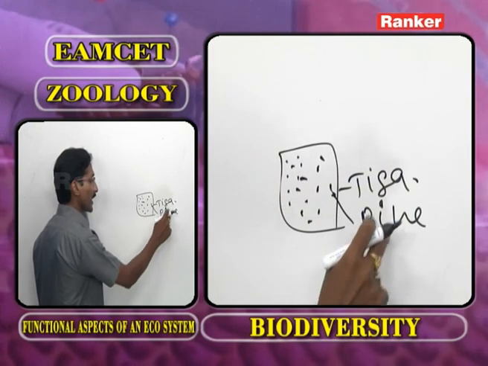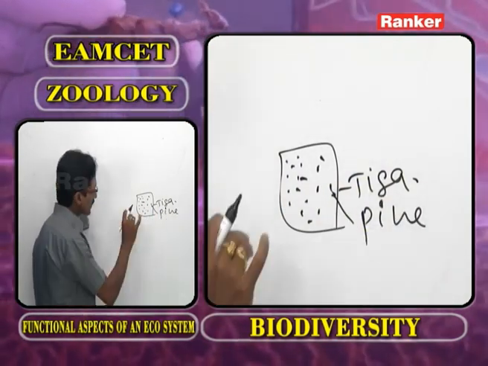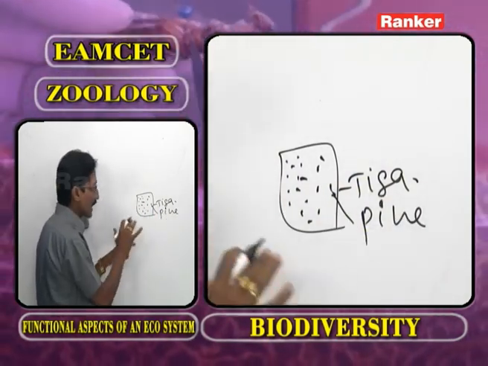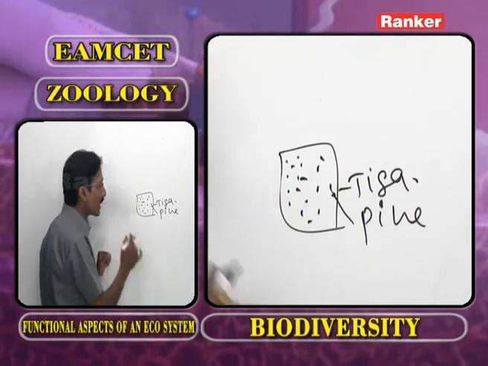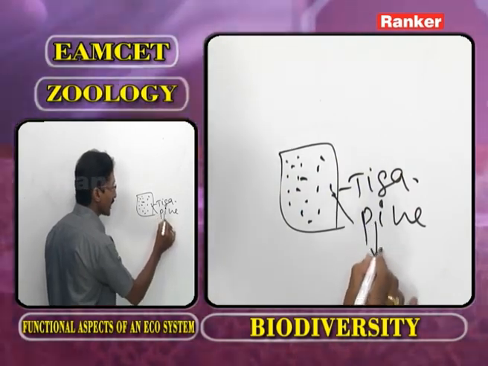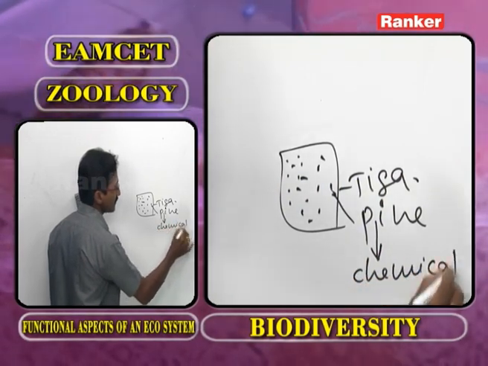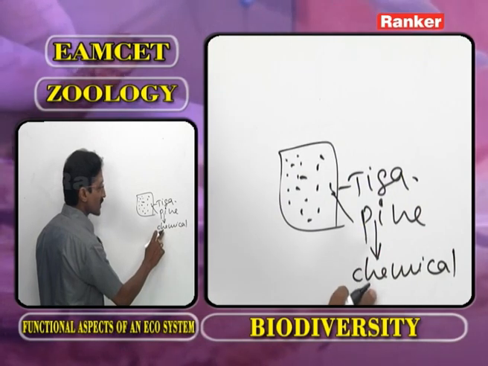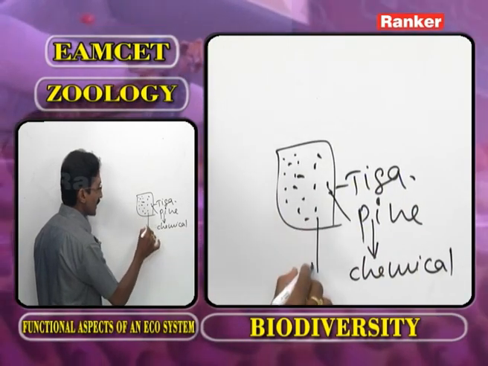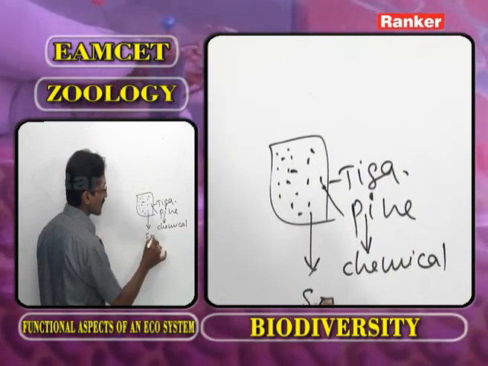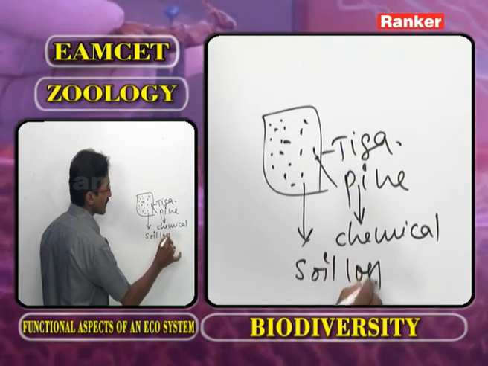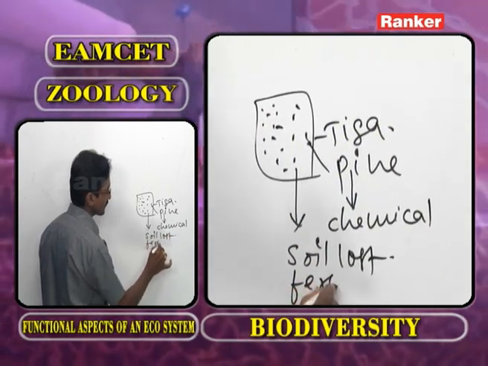The place where pine trees are present, there the grass plants do not grow because these pine trees will secrete a chemical. Because of this poisonous chemical, in this area, the soil lost fertility.